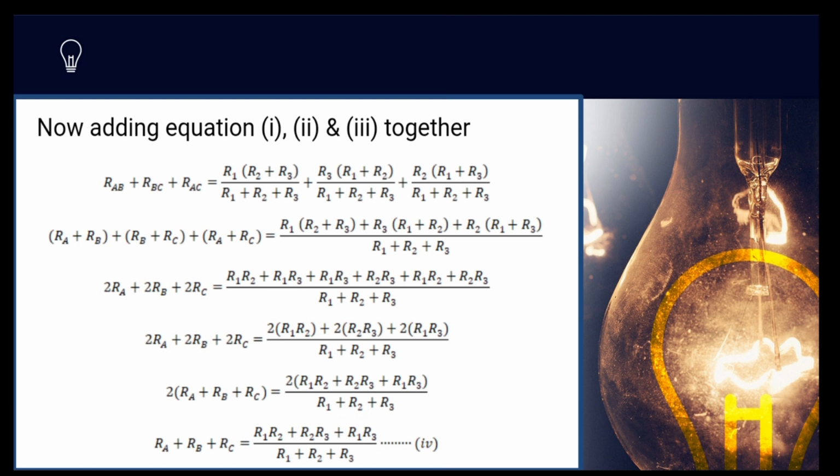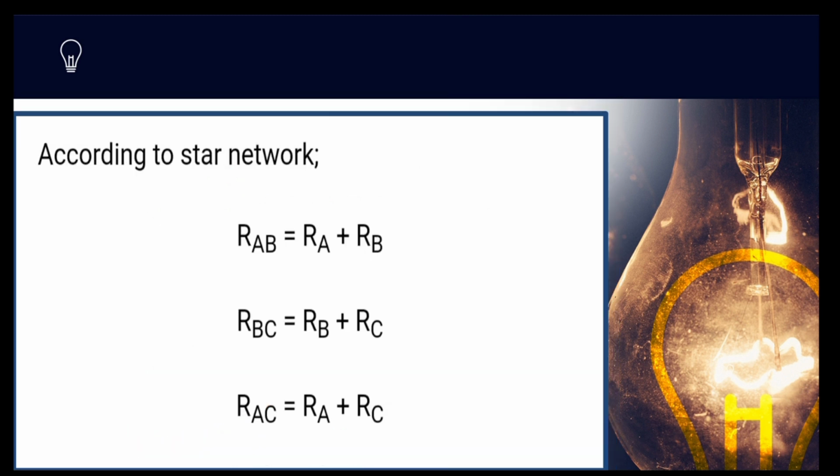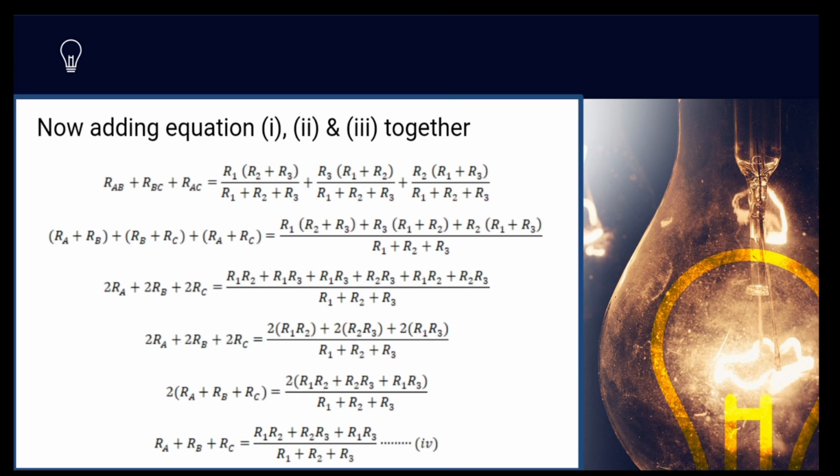Now adding equations 1, 2, 3 together, which we got earlier, RAB, RBC, RAC, we get R1 into R2 plus R3 divided by R1 plus R2 plus R3, plus R3 into R1 plus R2 divided by R1 plus R2 plus R3, plus R2 into R1 plus R3 divided by R1 plus R2 plus R3.